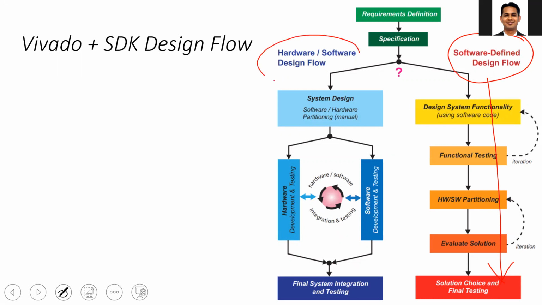The other option is to follow the hardware software co-design flow where you divide your application into a hardware part and a software part.